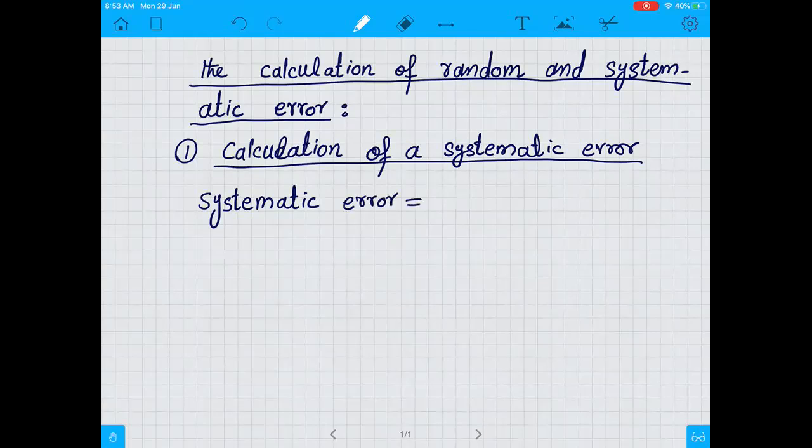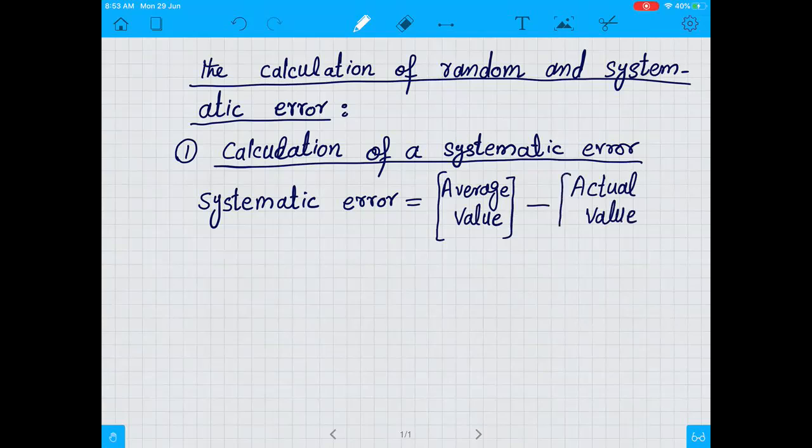Systematic error will always be equal to the average value minus the actual value. So if we subtract the actual value from the average value, then we'll achieve the systematic error.